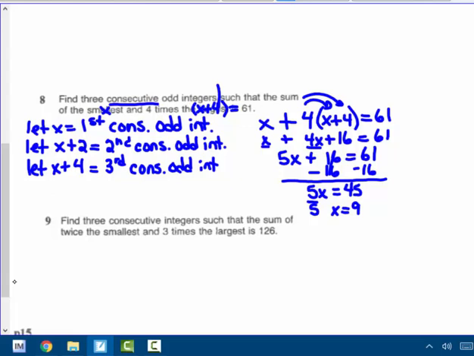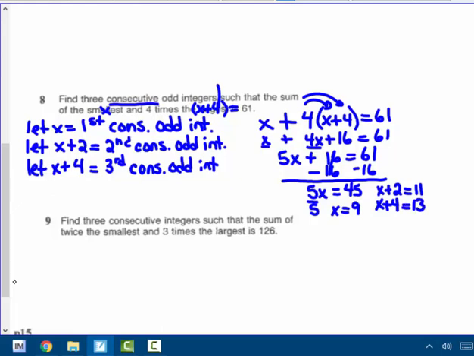Well, I have 3 let statements here, so I have to answer all of them. X equals 9. Well, 9 plus 2 more equals 11. We're looking good so far. 9 and 11 are odd numbers, and they're in order, right? They're next to each other. They're consecutive. And x plus 4, 9 plus 4 would give me 13.